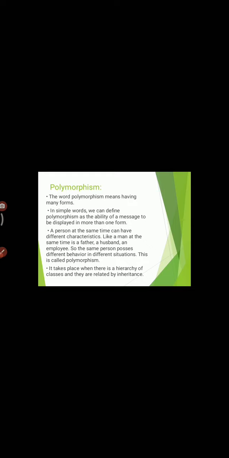A person at the same time can have different characteristics, like a man at the same time is a father, a husband, and an employee. So the same person possesses different behavior in different situations. This is called polymorphism. It takes place when there is a hierarchy of classes and they are related by inheritance.